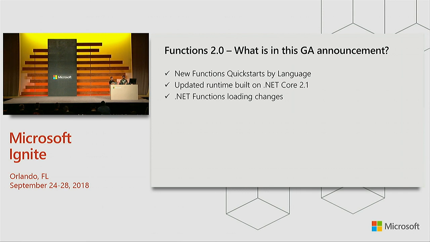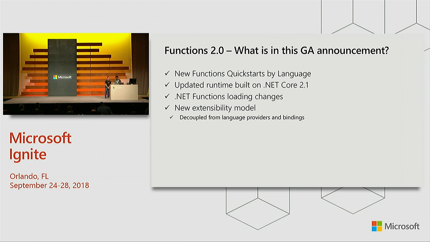So .NET Functions loading changes. Eduardo mentioned some of the issues that most of you, or some of you, are probably well familiar with: dependency conflicts. We had workarounds, but it was something that was painful in V1 and something that we definitely wanted to address in V2. So we did a lot of work to make that better.